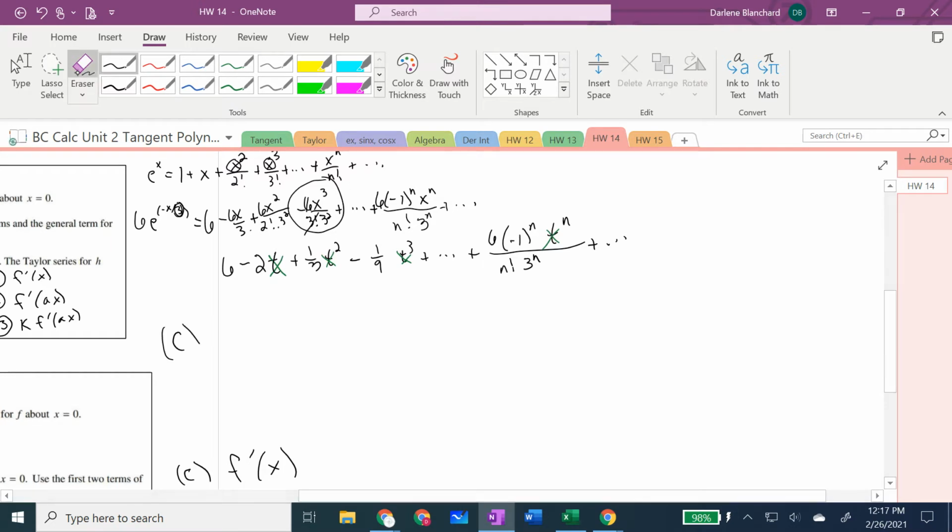Part C. Derivative of 6, 0. Derivative of negative 2x, negative 2. And then 1/3 times derivative of x squared, 2x, minus 1/9 derivative of x cubed, 3x squared.